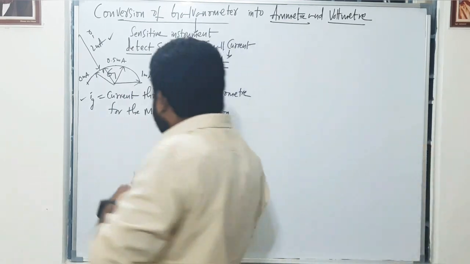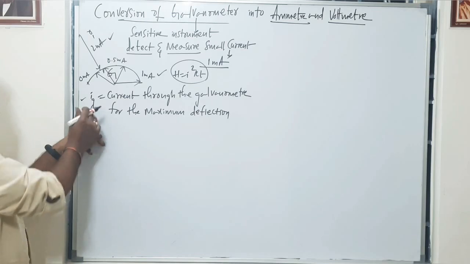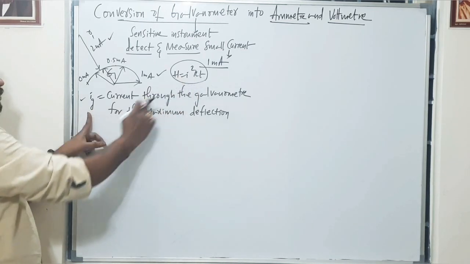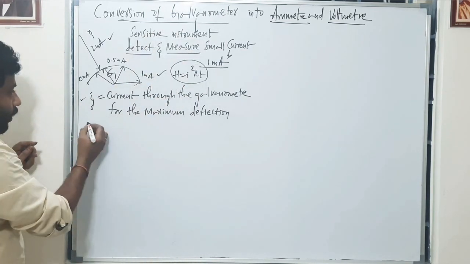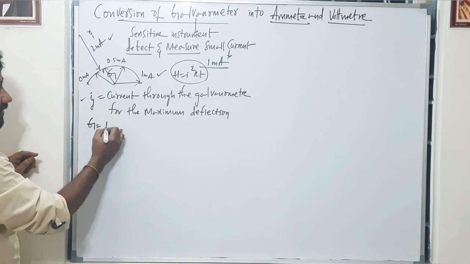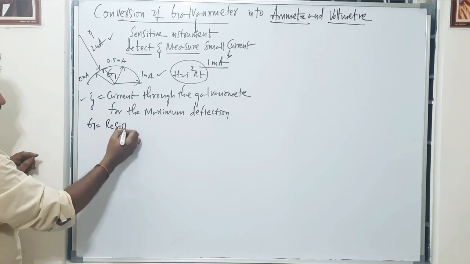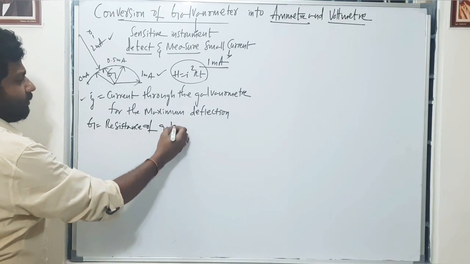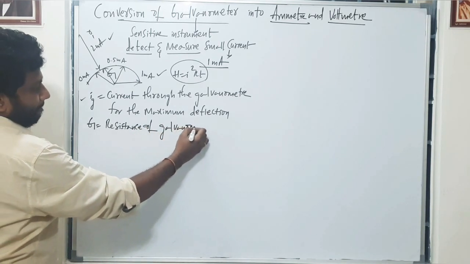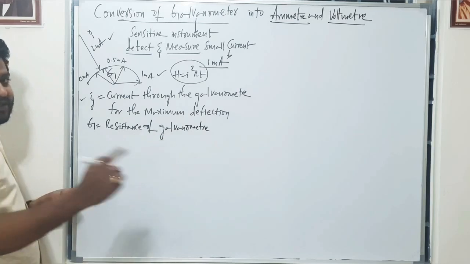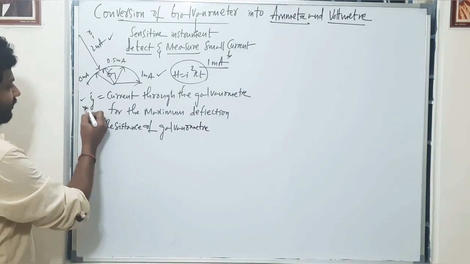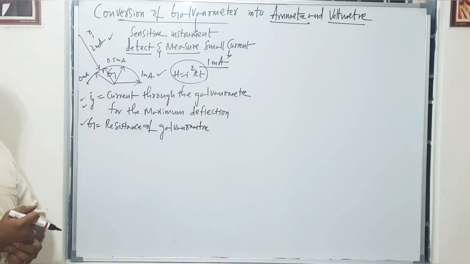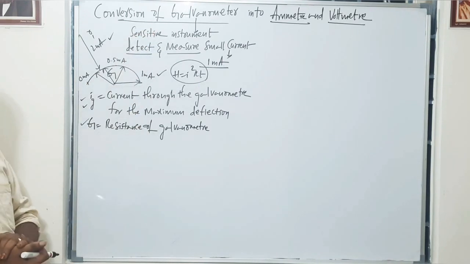So this is what I suffix G is: the current through the galvanometer for the maximum deflection. Now capital G is the resistance of the galvanometer. It's a capital G, because it will have some resistance, as I have told you. So remember these two things carefully. This is about the galvanometer.